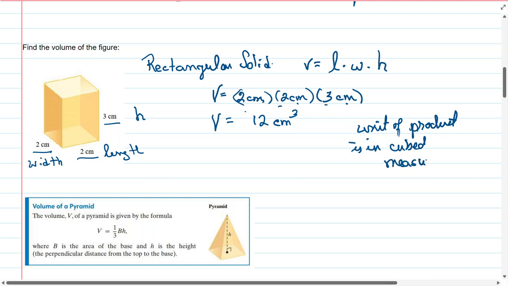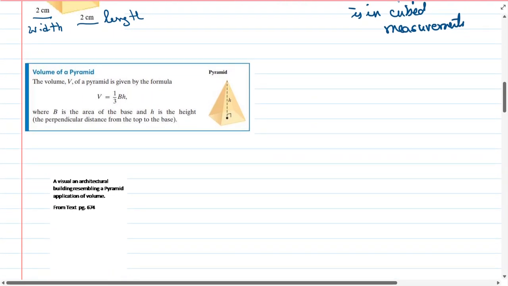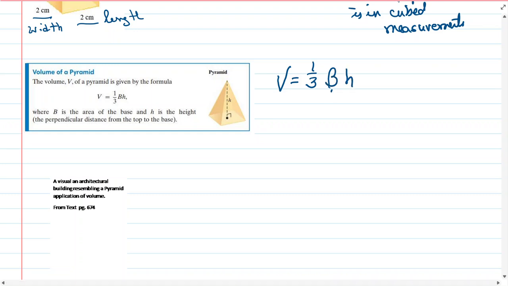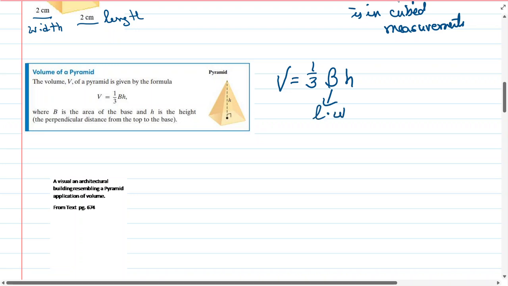All right. So here we have edges, bases, and we have an altitude here, a height, and this is called a pyramid. So a pyramid has the volume as 1/3 big base times height. Well, this means the base of the bottom, which is length times width. The only difference between this and a rectangular solid is that it has a peak.